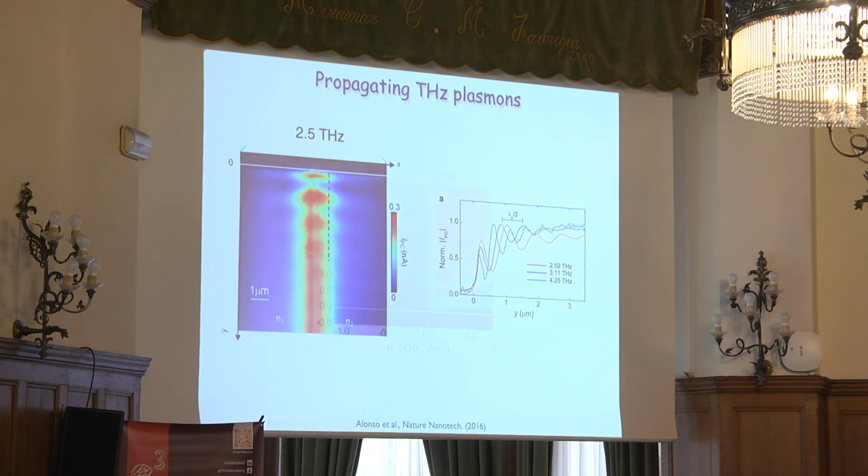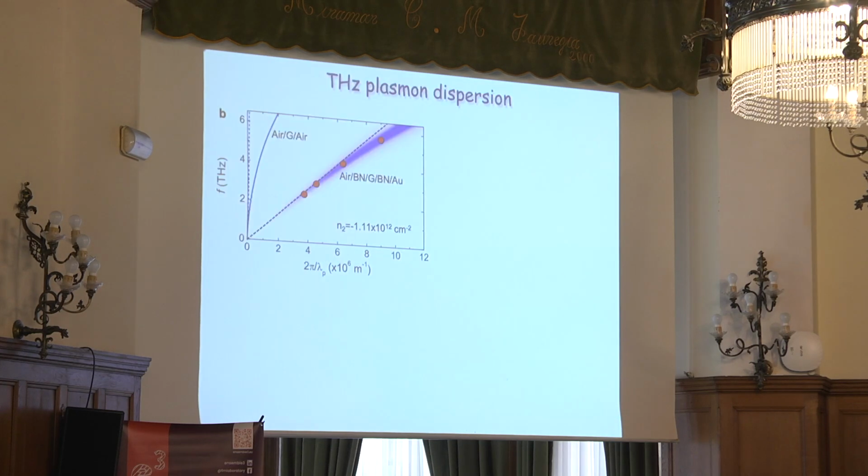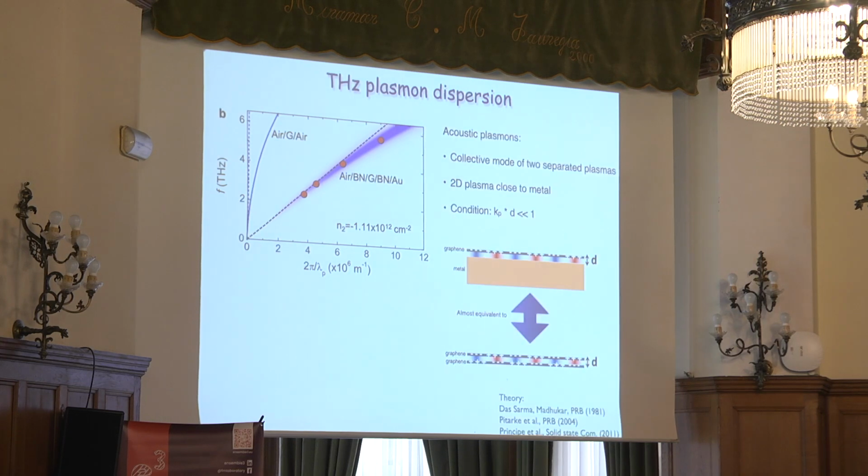Okay, so here you can see, you can measure now for different frequencies. One thing that we found here with terahertz plasmons is that, first of all, the dispersion is linear. Pablo just explained to you that plasmons in graphene go as square root of k. Here it's linear. This is because there is actually a gate close by, and the wavelength of the plasmon is much larger.